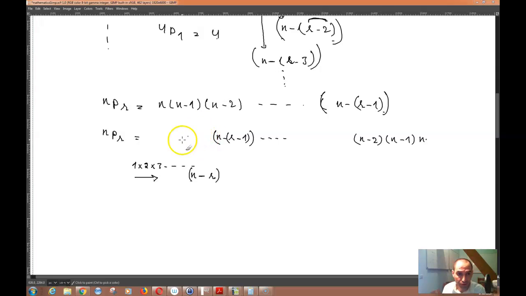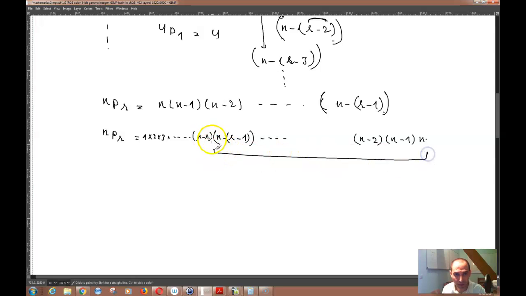So what I'm going to do is write this as 1 times 2 times 3 times all the way up to n minus r. And I need to remember that I have multiplied this expression, which was originally this thing over here, from here all the way up to here, by all of these numbers.